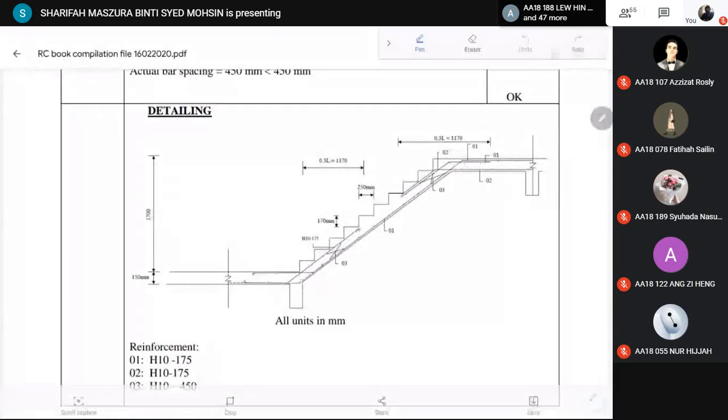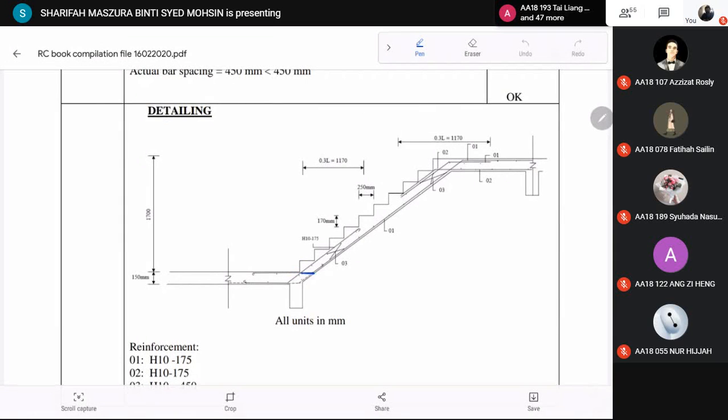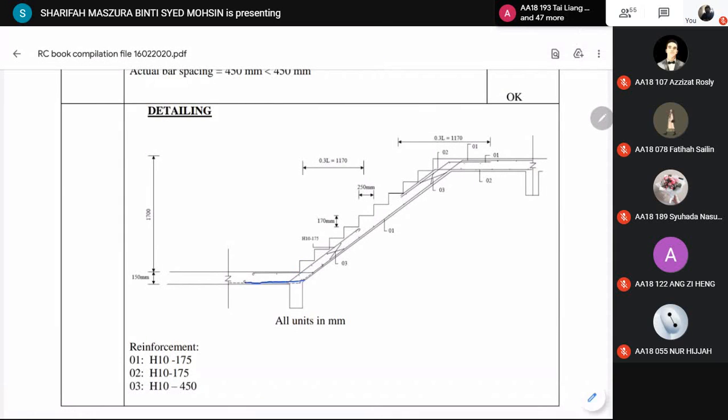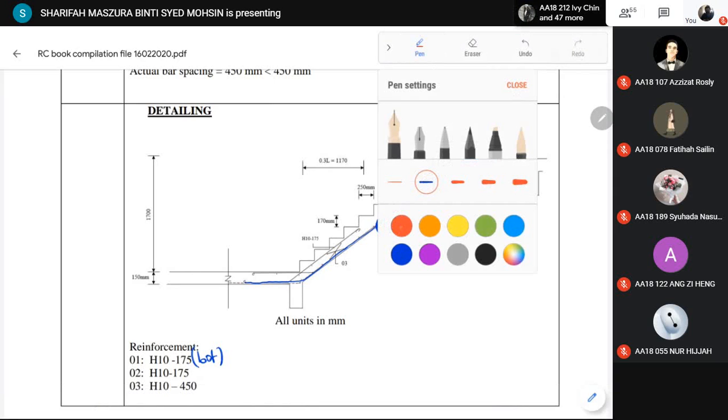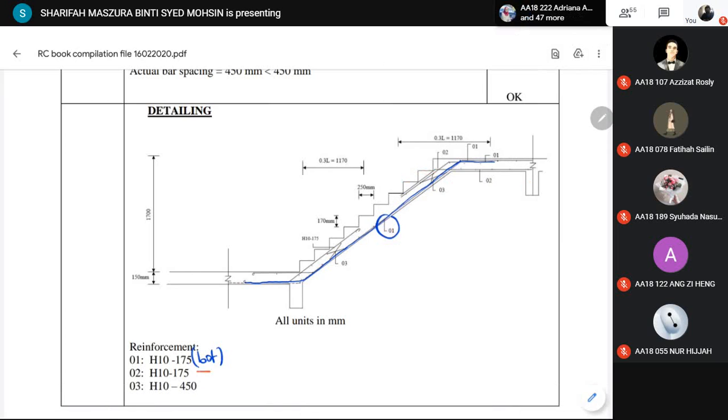So first, we have moment at the span. So this is our reinforcement at the span, bottom, based on the moment at the span. Then we have moment at the support.